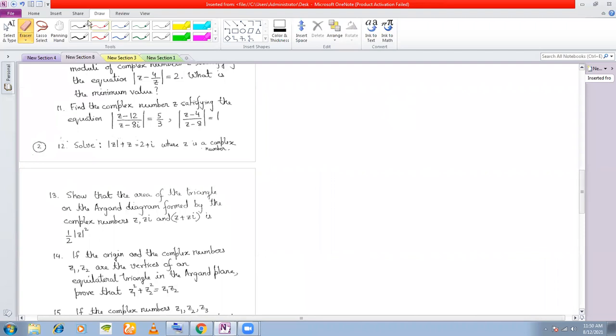So what we would like to know is the interpretation of modulus of a complex number in the Argand plane or the complex plane.